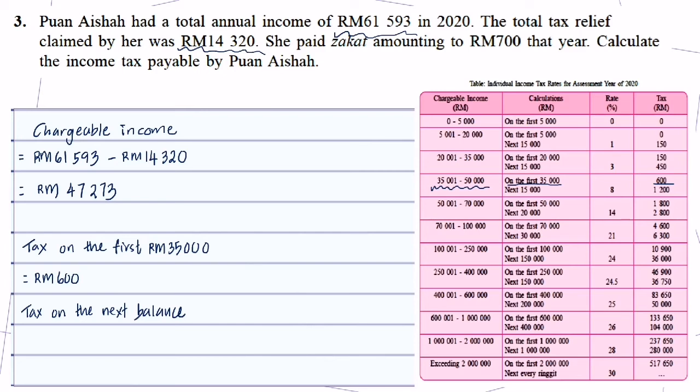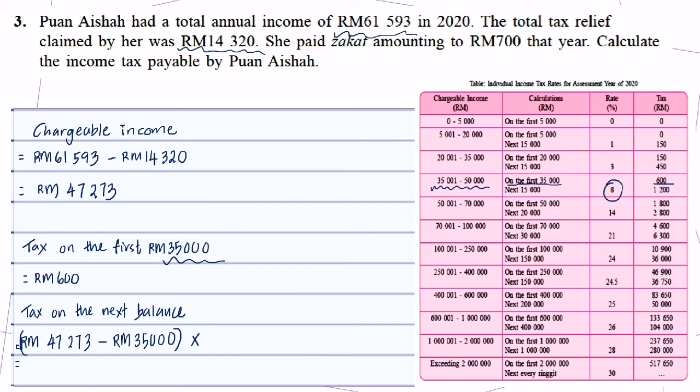To find it, taxable income 47,273 ringgit minus, because this one counted already 35,000, so we minus it. Multiply the rate.